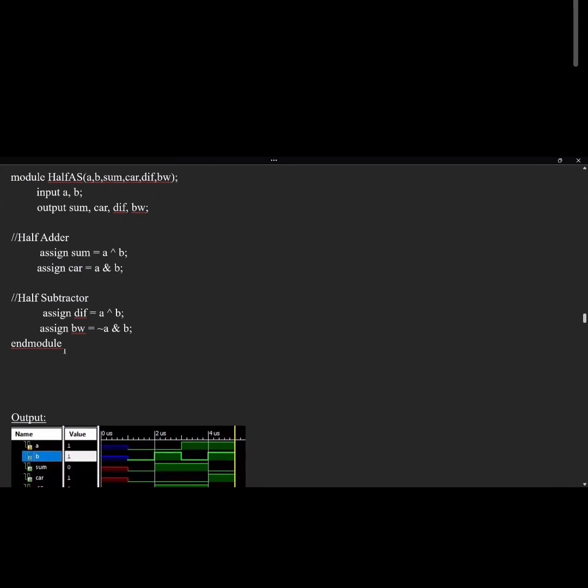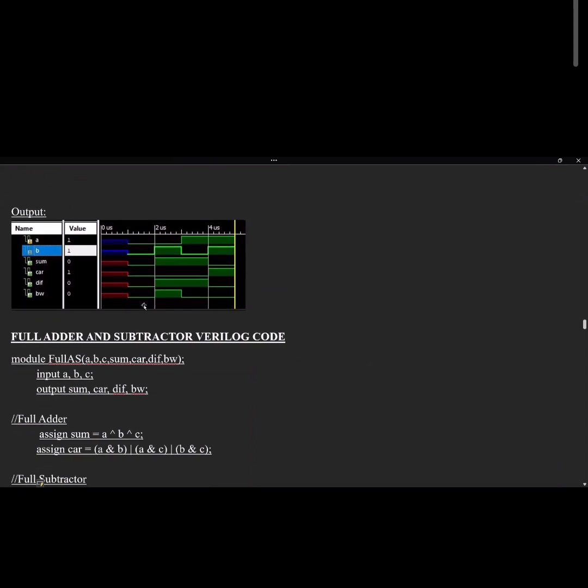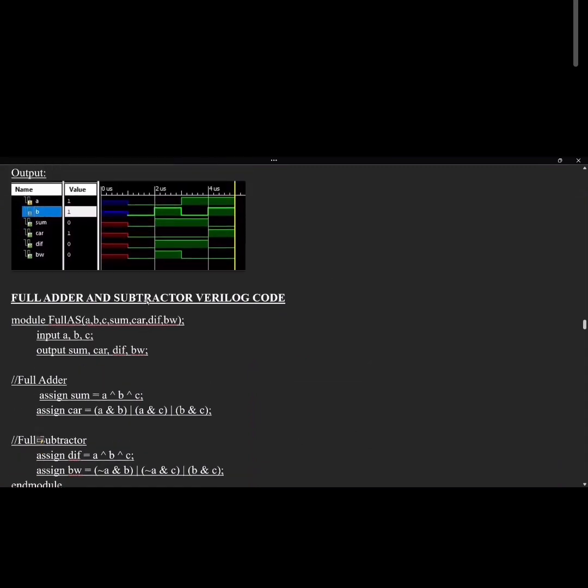And end module. Like this we have to write the Verilog code. By giving inputs to A and B, we get the outputs for sum, carry, difference and borrow in the Xilinx software.